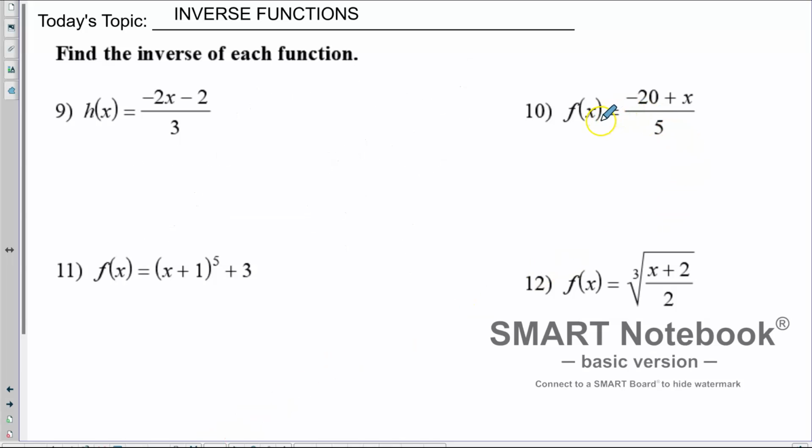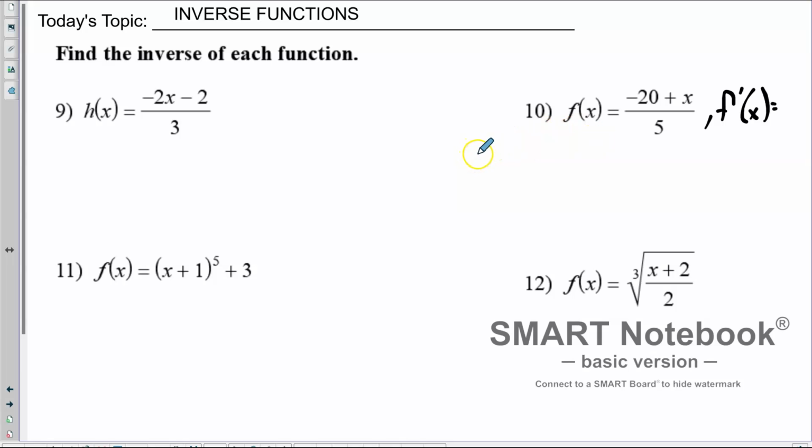Let's look at this one, okay? I'm going to try and go a little faster just so you guys can appreciate that this is pretty easy stuff, okay? So f inverse equals what, okay? So if you guys understood this first problem, you're going to repeat the same process, okay?